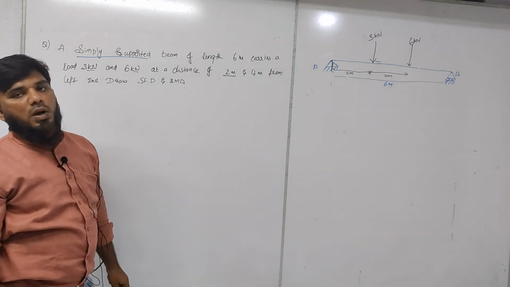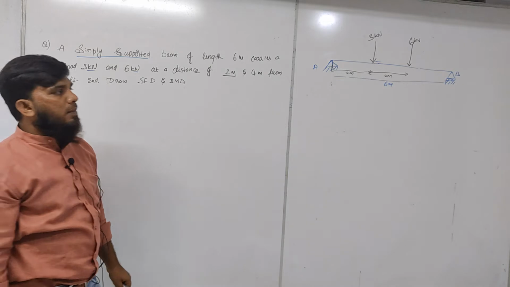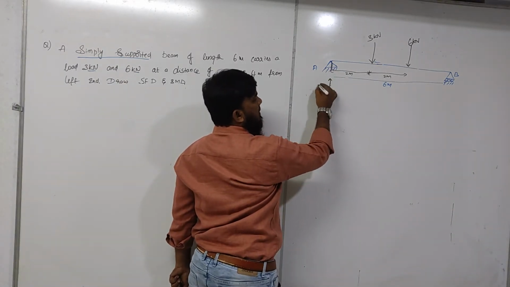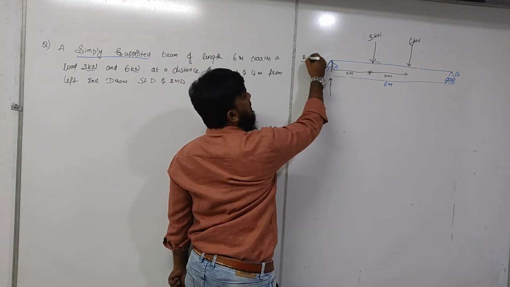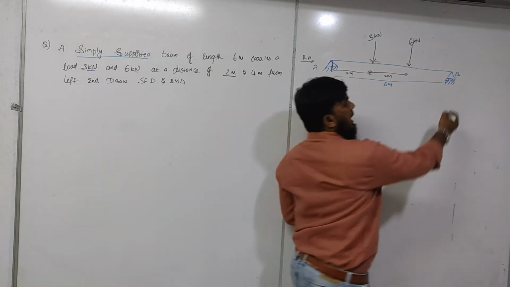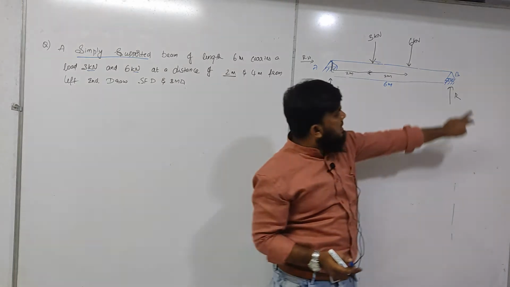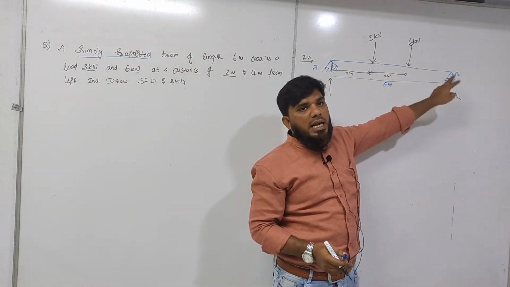For this question you have to draw the shear force and bending moment diagram. Since this end is fixed, obviously we will have a vertical reaction and a horizontal reaction. Here at the other support there will also be one reaction. Fixed means it will give you a reaction.